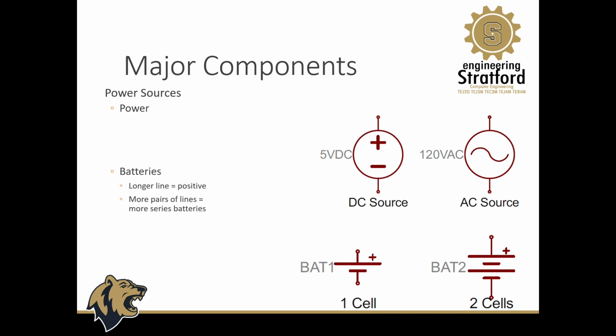The long line indicates the positive terminal, and that's important when you're trying to read a schematic. If you've got an LED, for example, in series with one of those batteries, you need to know that the anode has to be on the same side as the long line of the battery symbol.